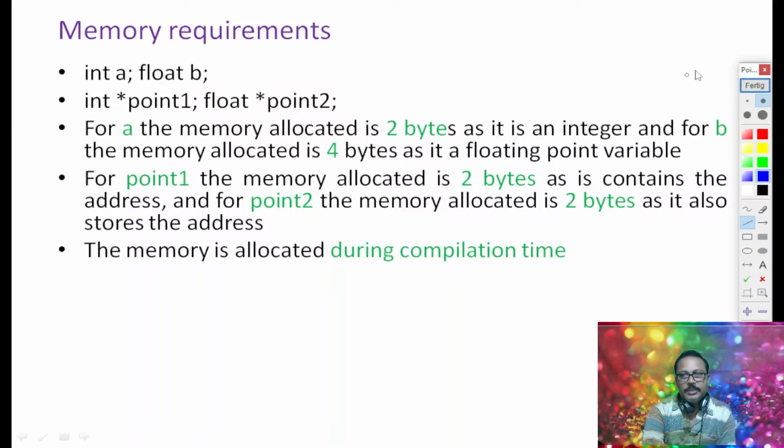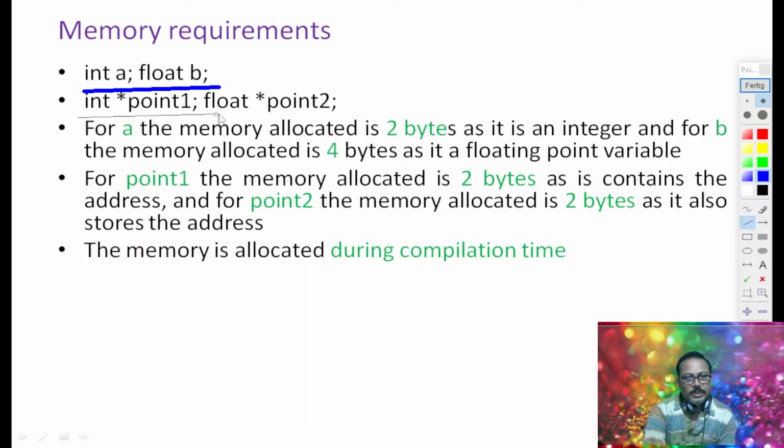For integer a and float b, the memory allocated depends on the system compiler. Assuming that an integer occupies 2 bytes, 2 bytes will be reserved for a and 4 bytes for the float b, and that memory is allocated during compilation time.